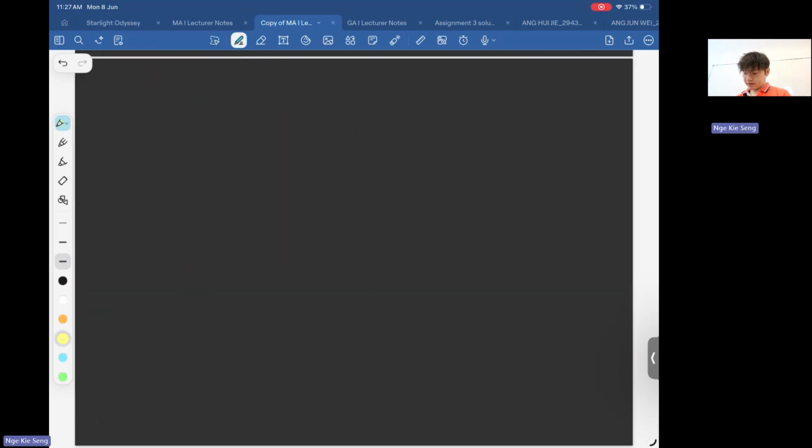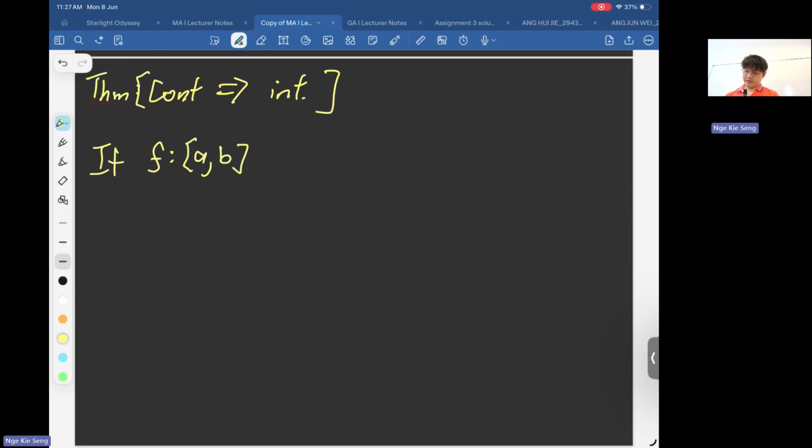Okay. So next, we're going to prove that continuity will always imply integrability. So if f is continuous, then f is integrable.